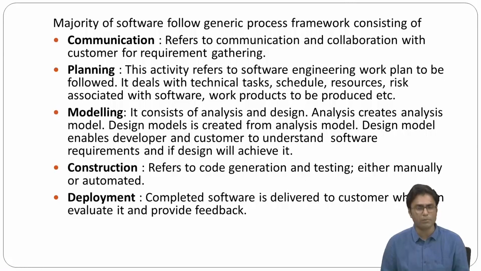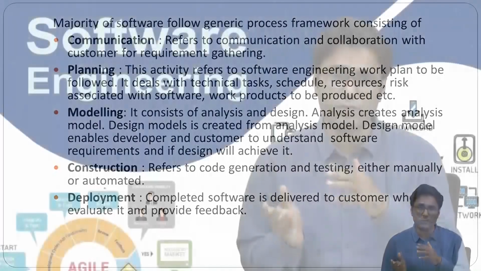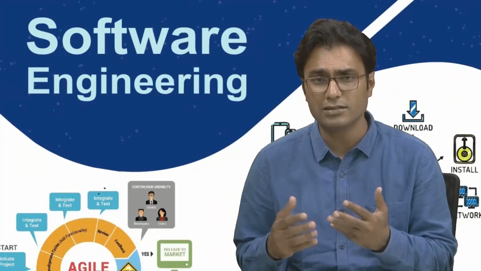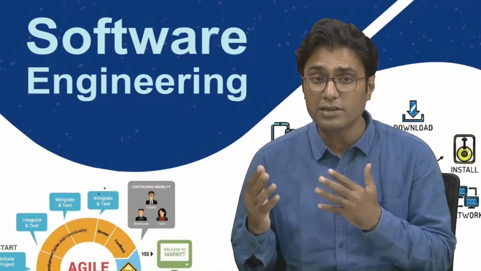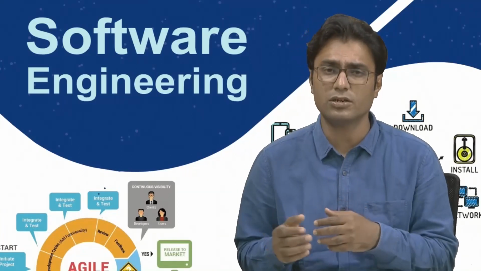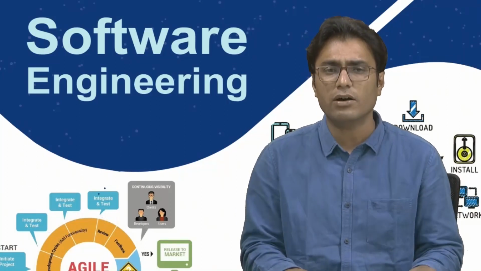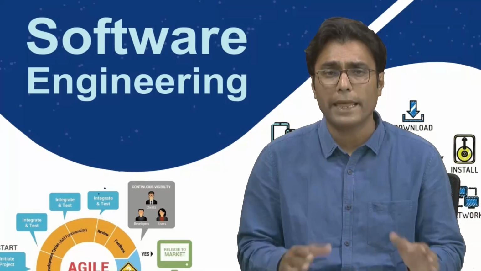Then we have deployment. Completed software is delivered to the customer, who then evaluates it and provides feedback. So these 5 framework activities are applicable for the development of a small project or large and complex computer based systems alike. Then in the next slide we have umbrella activities.